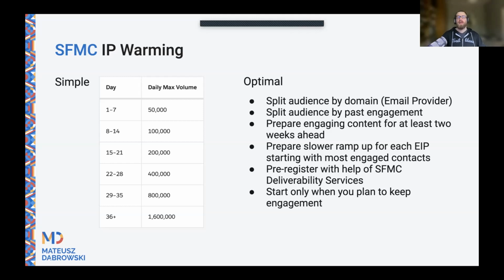Pre-register. For some inbox providers like Microsoft, the support can contact Marketing Cloud Deliverability services that can help you pre-register your company as a sender, so that Microsoft expects that you will be IP warming your new IP, and it can slightly help with your ramp up.